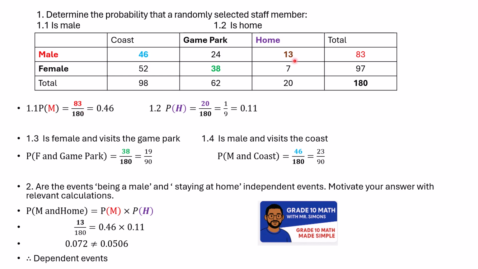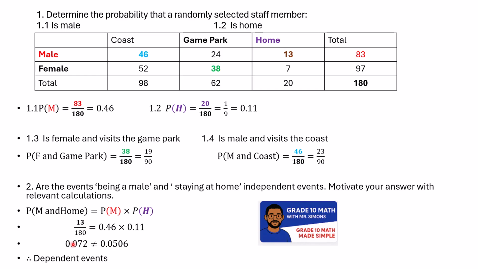Probability you want to stay home equals 20 over 180, which equals 0.111. If we multiply now 0.46 times 0.11, it gives me 0.0506. At the same time, 13 over 180 would give me 0.072.